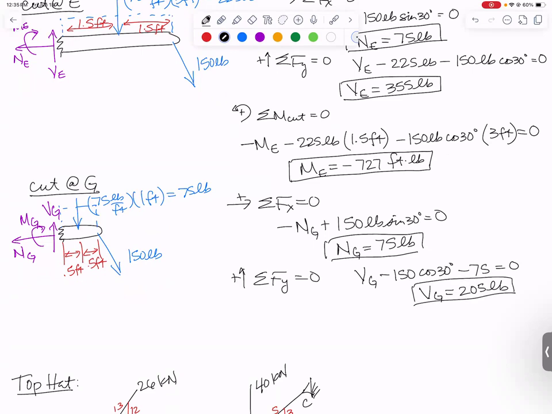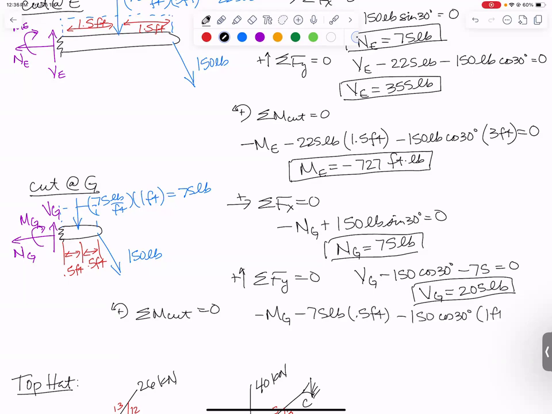And it's positive. If I sum moments about the cut, also has to be 0. I've got minus MG minus 75 pounds times 0.5 feet minus 150 cosine 30 times just 1 foot away from point G equals 0. And MG is also negative, minus 167 pound feet.